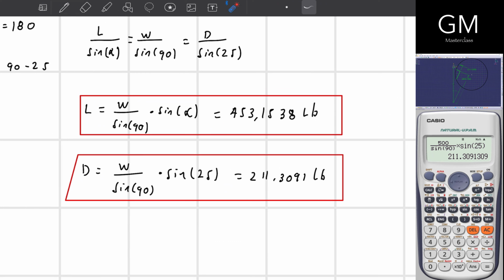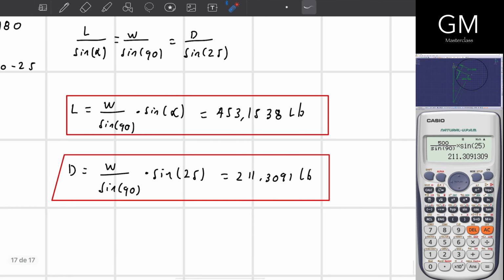453.154. This is approximating to the next value, since I have here a number that is above 5. That is a topic regarding approximations. But yeah, that is basically what happens.